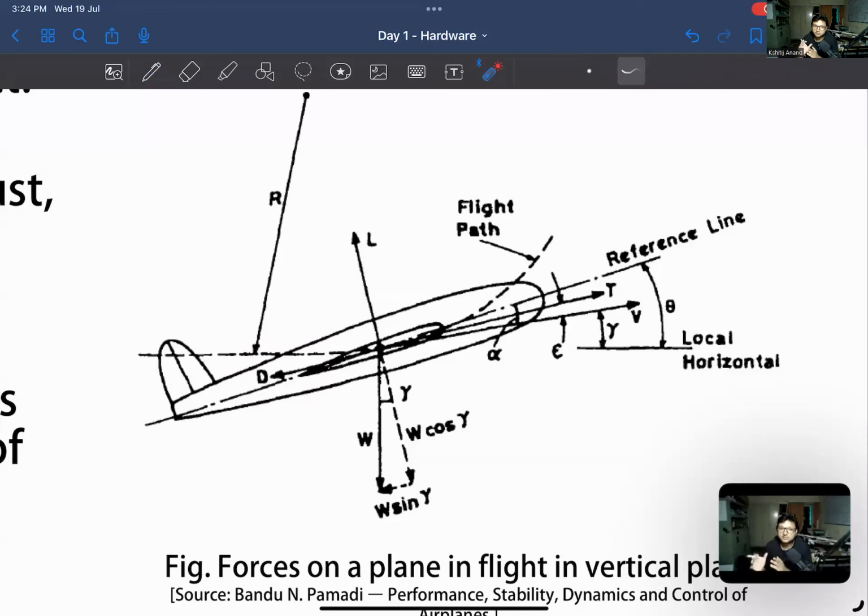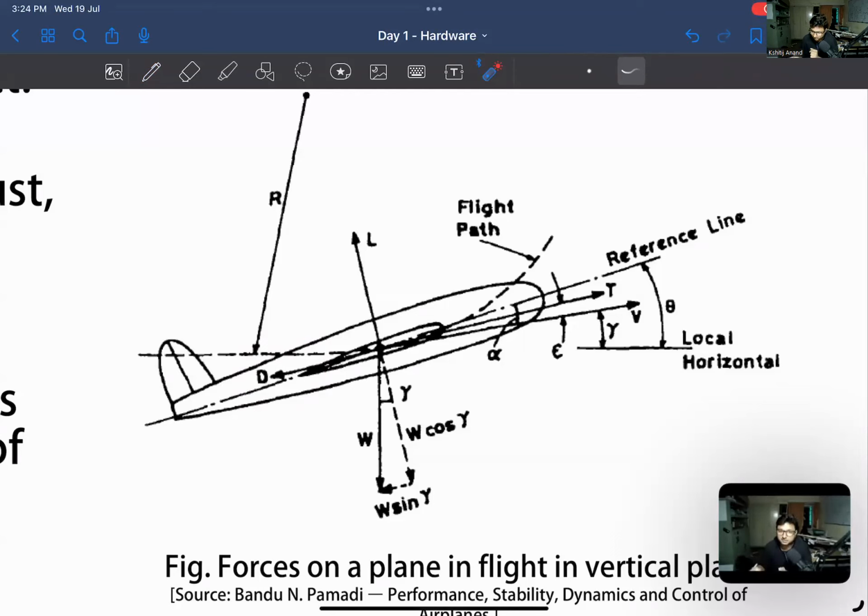From the pilot's perspective, it's called the free stream velocity vector, and from the ground perspective or the air perspective, it's called the flight path velocity vector or velocity vector. As you can see, this is the flight path, and this is the velocity vector of the aircraft, which is obviously tangential to the flight path. Velocities are always tangential to the path. And then this is the reference line of the fuselage.